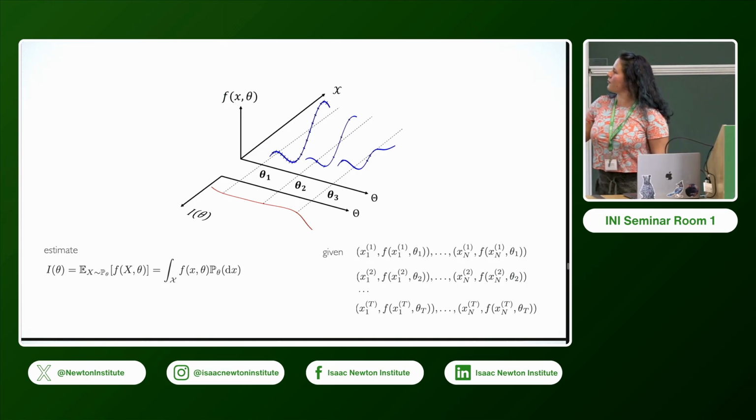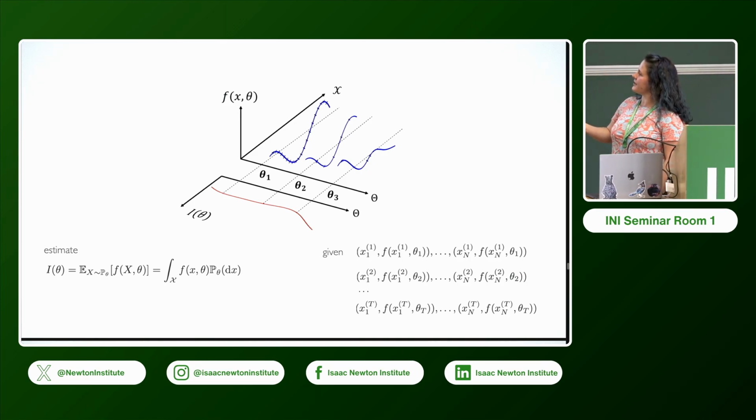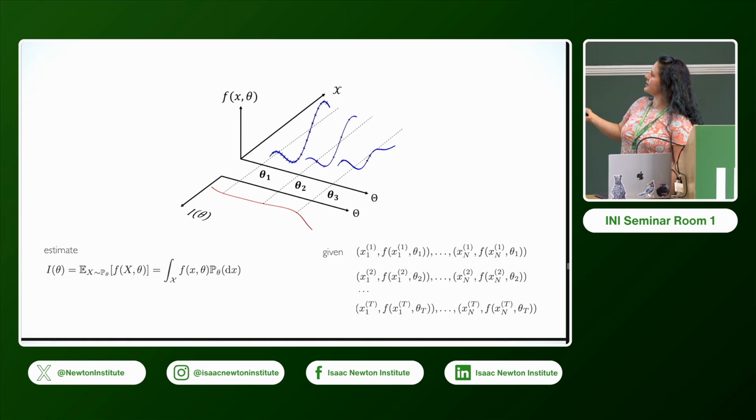If I only needed the value of I of theta at theta 1 to theta t, I can just take these evaluations and be happy with it.